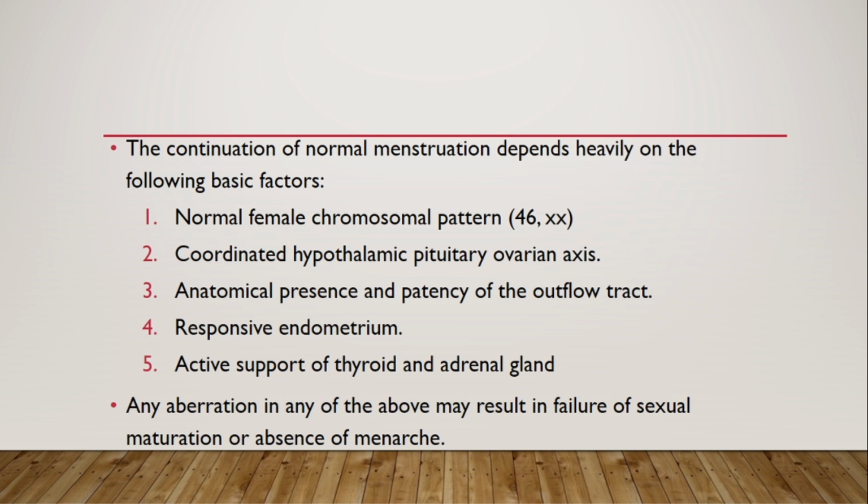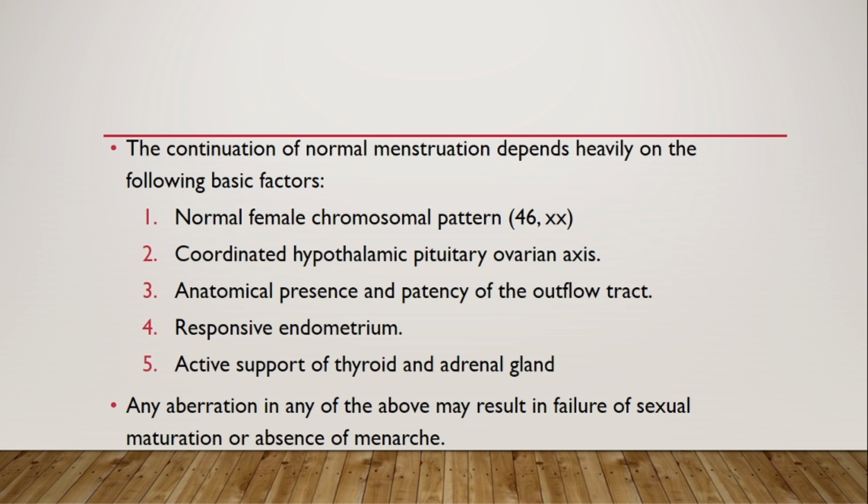The continuation of normal menstruation depends heavily on the following basic factors: normal female chromosome pattern, 46XX, coordinated hypothalamic pituitary ovarian axis, the anatomical presence and patency of the outflow tract, responsive endometrium, and active support of thyroid and adrenal gland.